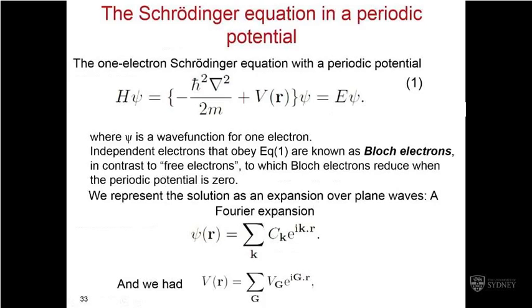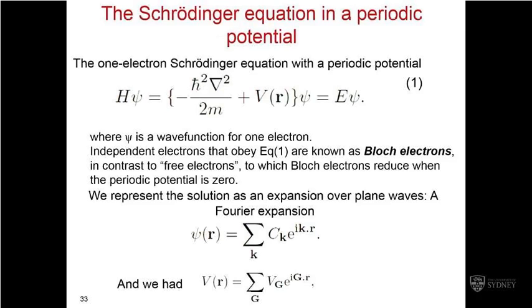So what do we have here? Here's our Schrödinger equation, with the periodic potential, the wave function, and the energy eigenvalues. The important thing is that we're going to try and find an expression for that wave function psi. As I mentioned before, it's a one-electron wave function, and we're assuming the independent electron approximation.